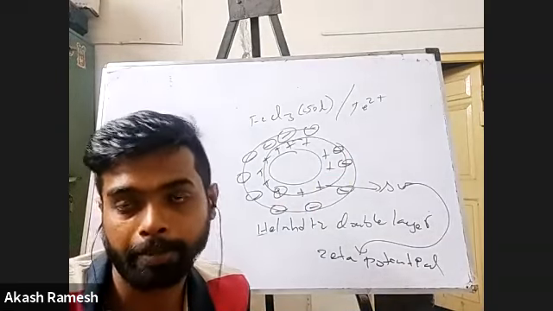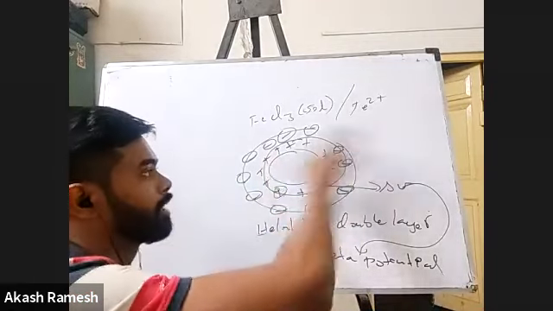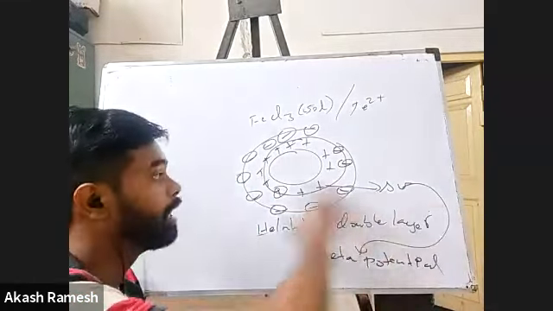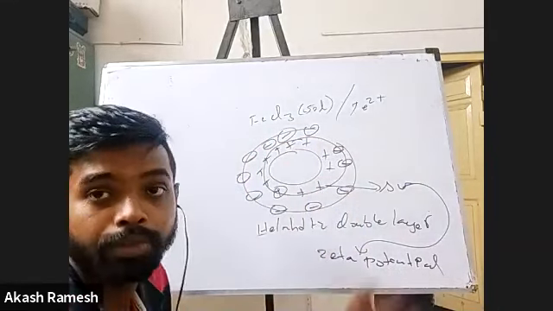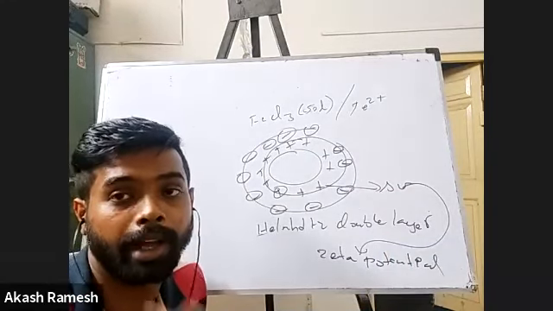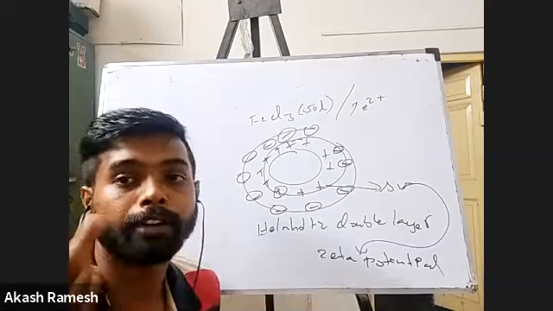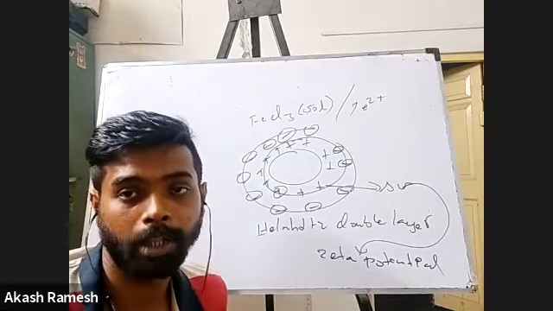Phoresis means movement. So if you put an electrode and apply some voltage, because of the charges like this, these colloidal particles can move. The movement of colloidal particles when an external electric field is applied is what is called electrophoresis.